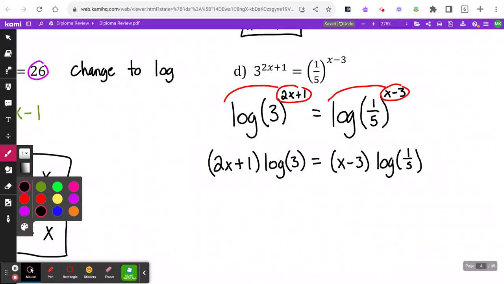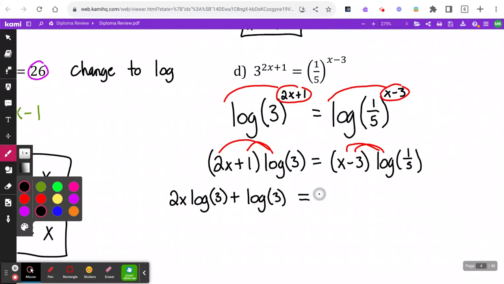You do expand. So you're going to multiply the logs into the brackets. And you get 2x log of 3 plus 1 log of 3, which is just log of 3, equals x log of 1/5 minus 3 log of 1/5.